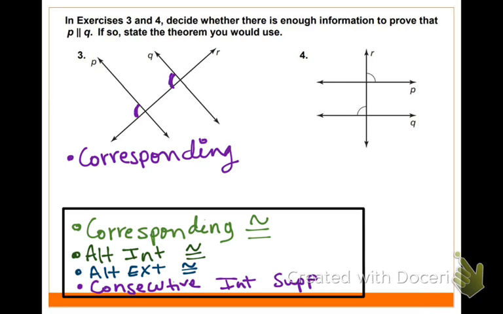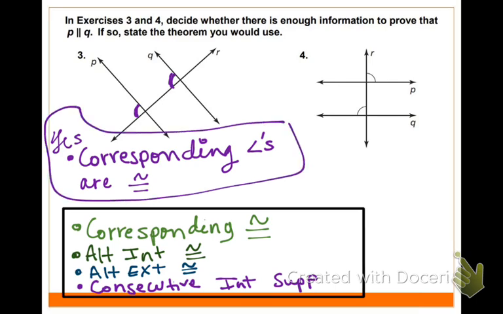That they're the same measure. And same measure means congruent. So because these corresponding angles are the same measure, that is enough information to decide that P is parallel to Q. So you would say, yes, there's enough information. And then you would say corresponding angles are congruent. Yes, because corresponding angles are congruent. And this would be your answer.